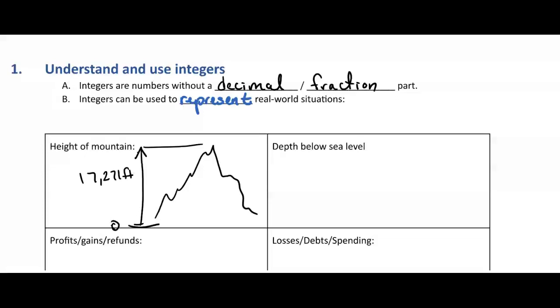I could also have depth below sea level. So here's my ocean, and maybe I have a whale that is negative 374 feet below sea level, where sea level is my 0.